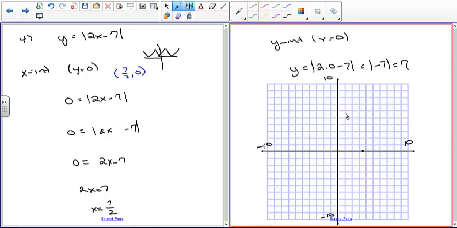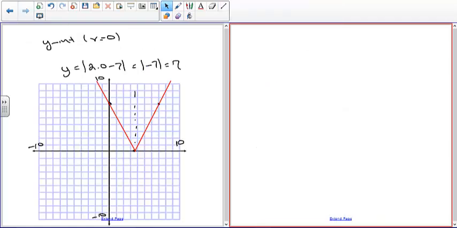And then the y-intercept was 7. 1, 2, 3, 4, 5, 6, 7. And because of symmetry with the absolute value function, it's going to be symmetric around this point here. So we went 1, 2, 3.5, so we go 1, 2, 3.5. So that's another point. We're using symmetry there. So it's going to look something like this from that direction and that direction. We'll talk about more about these later.